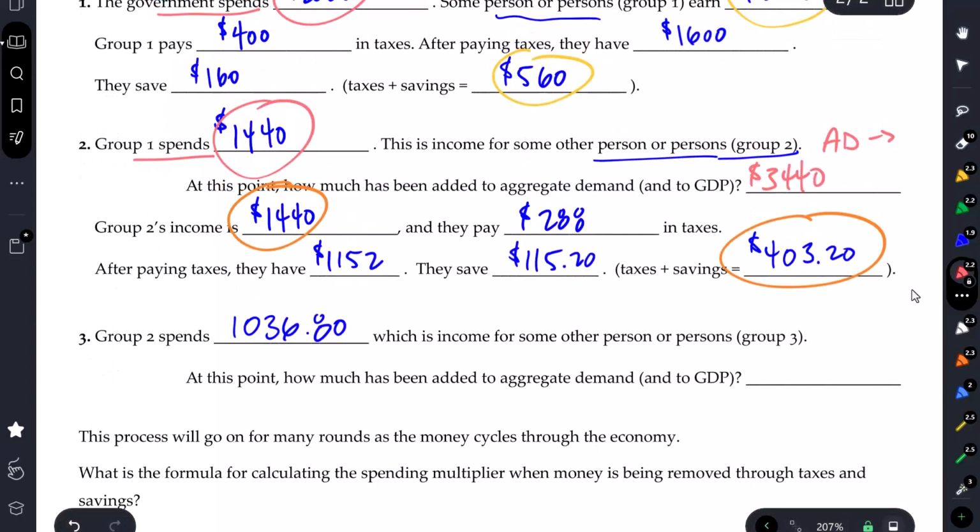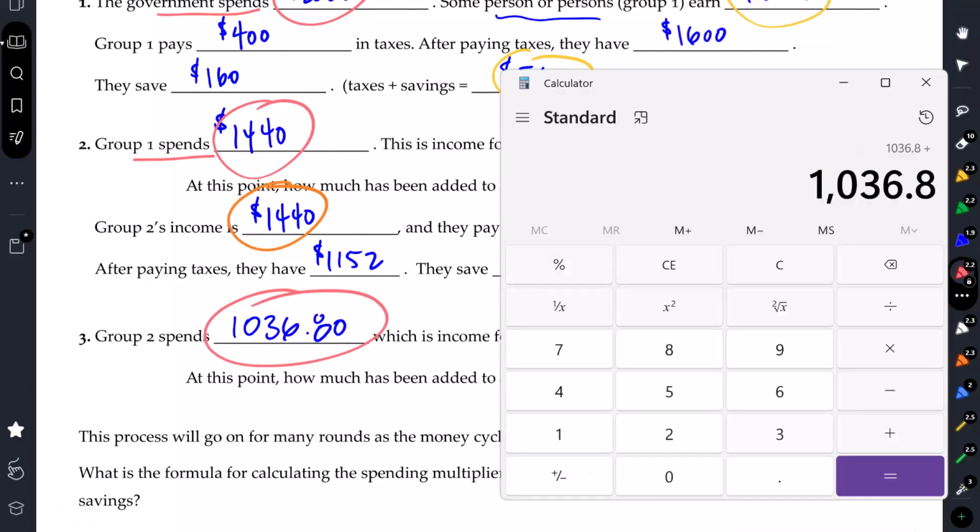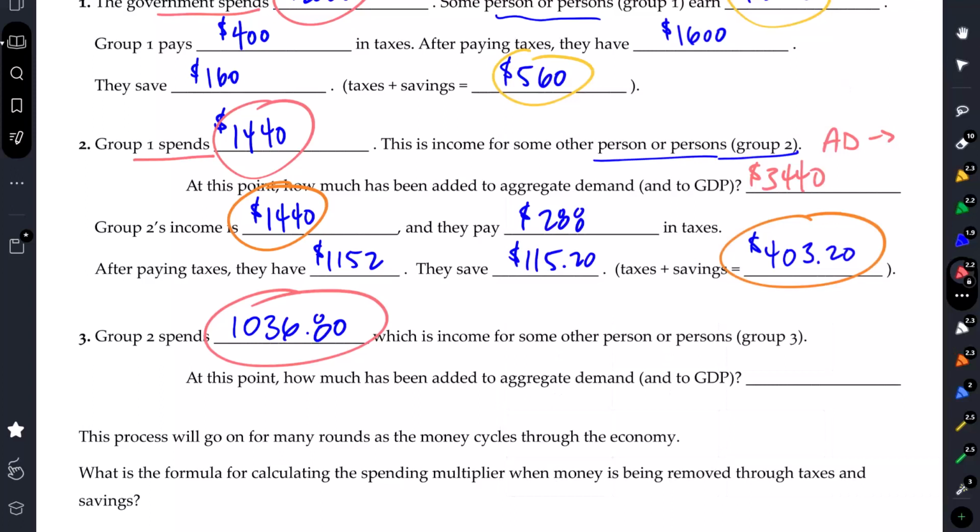And then here, after group 2 spent $1,036.80, aggregate demand is going to be $4,476.80.